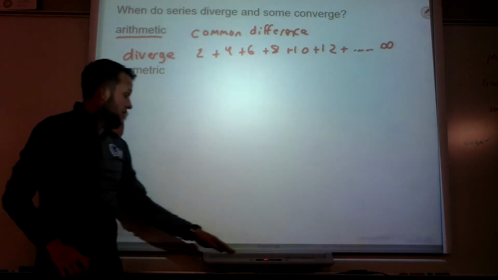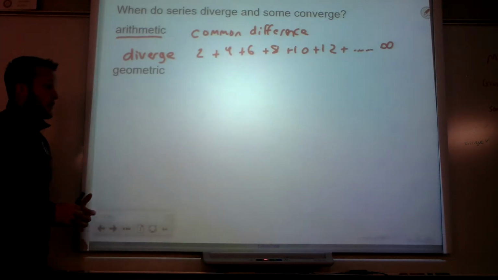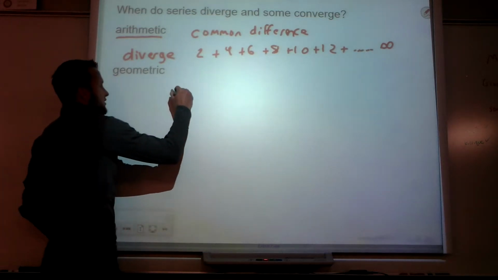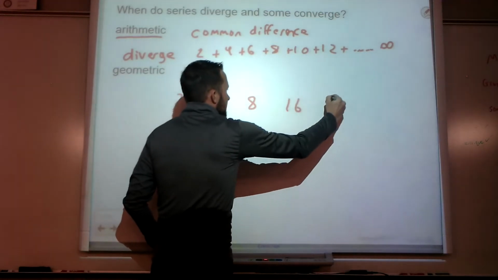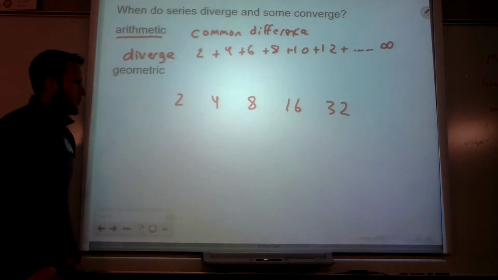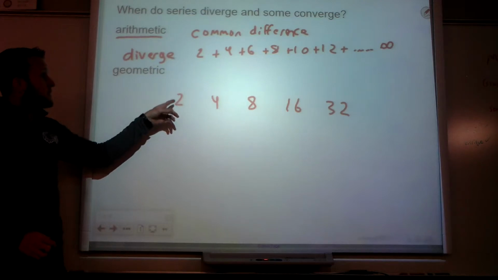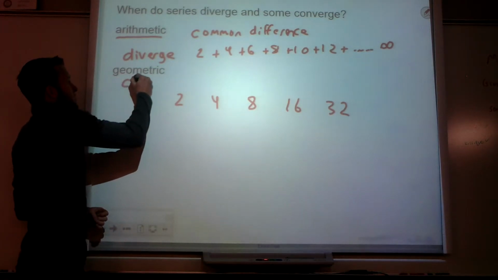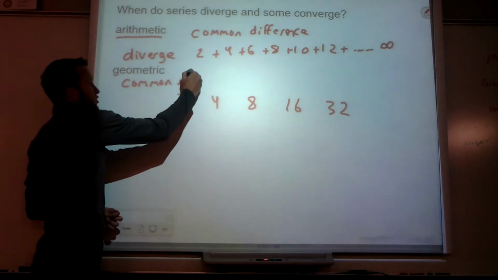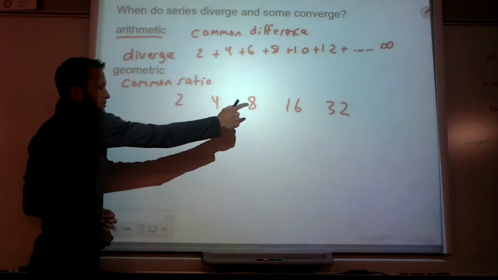Now, geometric will diverge sometimes. For example, let's just look at this: 2, 4, 8, 16, 32. This is just times by 2. It's geometric, with a common ratio. What makes it geometric is you have a common ratio. You're timesing by the same thing. In this case, it was 2.